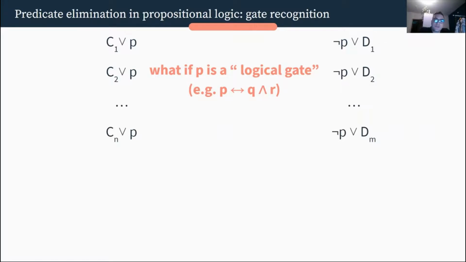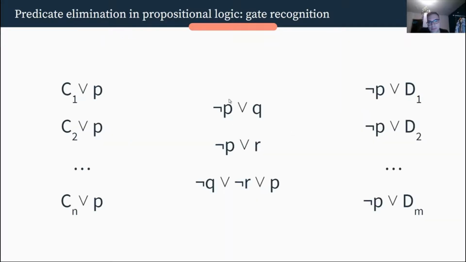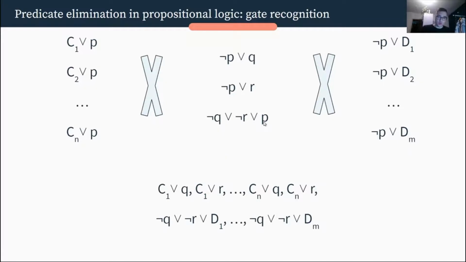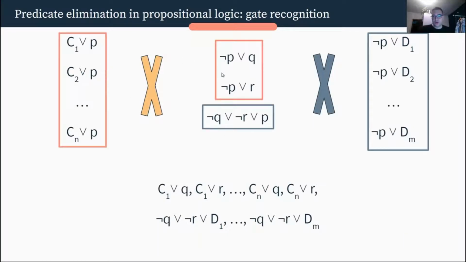And if such a subset exists, it would look something like this, so those three clauses together actually say that P is a conjunction of Q and R. If this is the case, then we have to compute much fewer resolvents. In particular, we need to compute only resolvents between the gate and the positive, and the gate and the negative occurrences of this propositional variable P. And clearly this is a much smaller set.